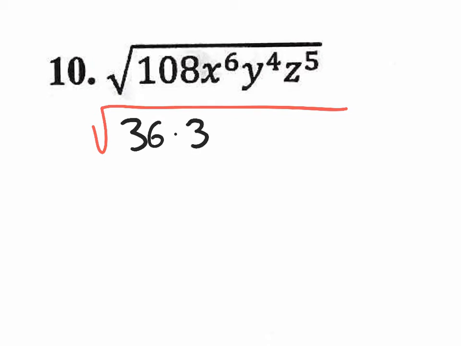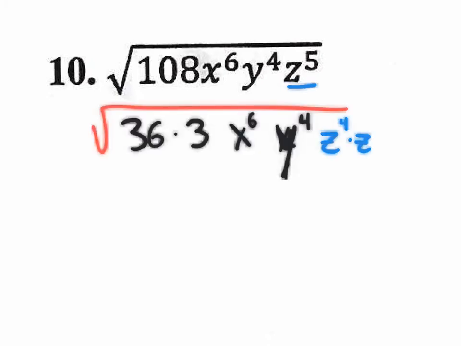And the x to the 6th, I'm going to leave it like that because I am able to do the square root of x to the 6th. I am able to do the square root of y to the 4th, but the z to the 5th, that I can't really do. I'm going to rewrite it as z to the 4th times z. Does that make sense?